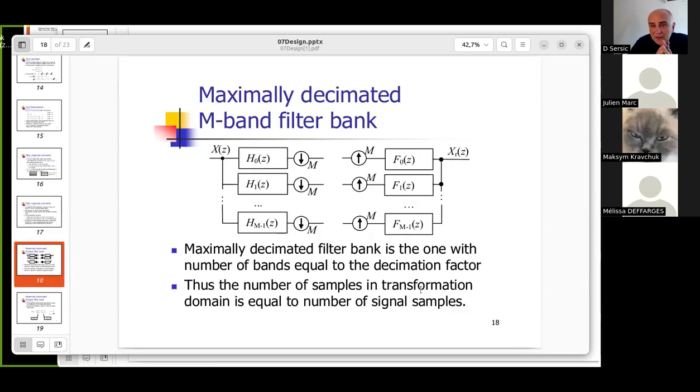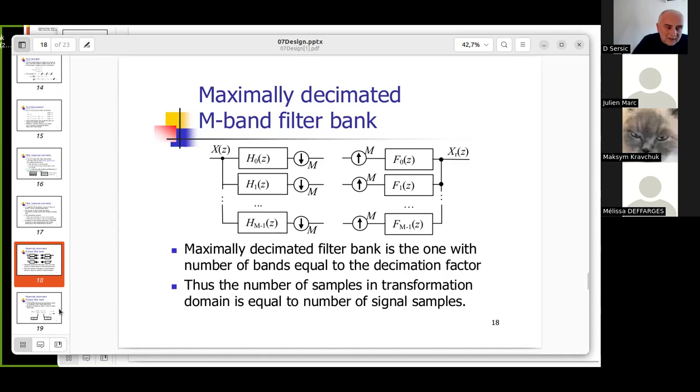Maybe we can just make a short introduction to what happens if you have an M-band filter bank with M filters in the bank, like for example in the MPEG standard, where a bank with 32 channels is used, and it is also maximally decimated.